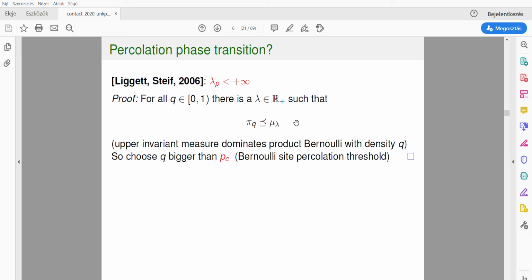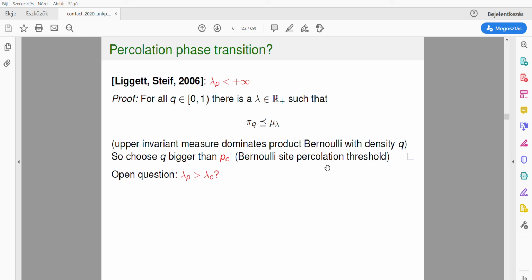But of course, one of the main results of this paper of Liggett and Steif is this stochastic domination result, and then the conclusion about percolation is just automatic. But here is the big open question which is posed by Liggett and Steif.